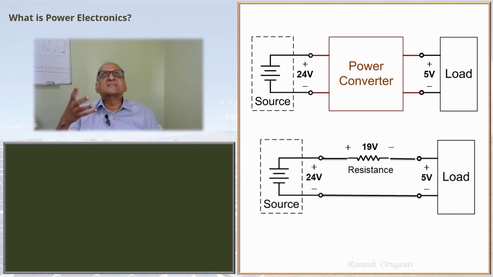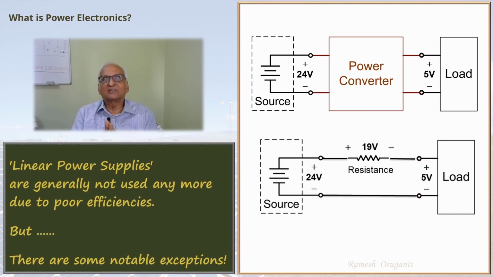That is lossy in the sense that it involves a lot of power loss in the series resistor, and that is why such approaches are called linear approaches. We'll see why and all that, linear approaches, in another video. Such approaches are not taken.